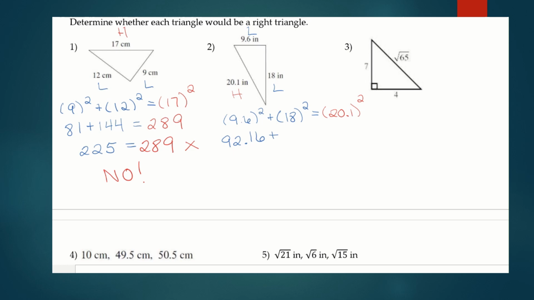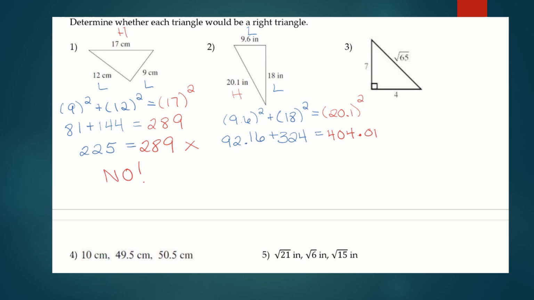18 squared, 18 times 18 is 324. And 20.1 squared, so 20.1 times 20.1 gives me 404.01. Okay, simplifying my left side, my blue side here, I'm going to add 92.16 plus 324.